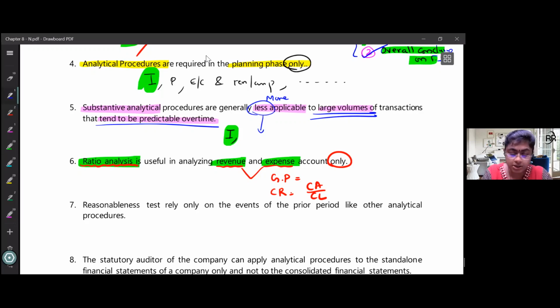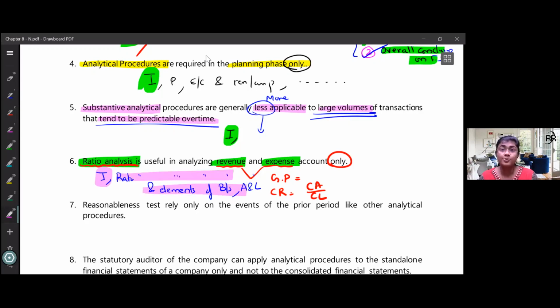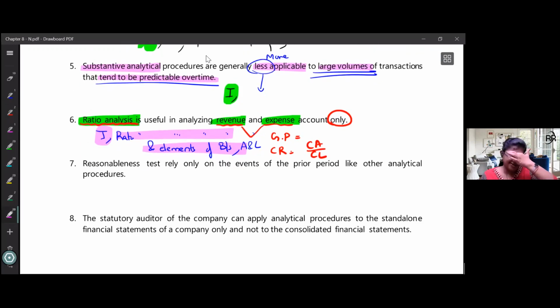So the answer is incorrect. Ratio analysis is useful for analyzing revenue and expense and also the elements of balance sheet, assets and liability. You have to write correct, incorrect. Here the answer is incorrect. Then this two-line explanation. If you give correct explanation, you will get 2 out of 2 for correct, incorrect question.